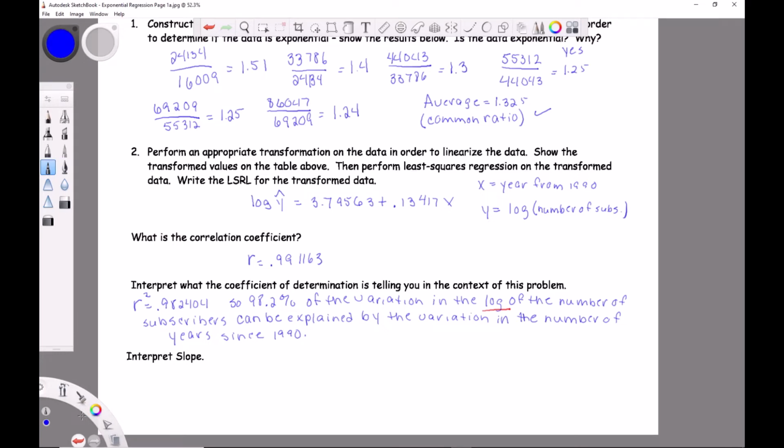All right, so interpreting slope, the slope is this number right here. So this is going to be your B value, 0.13417.